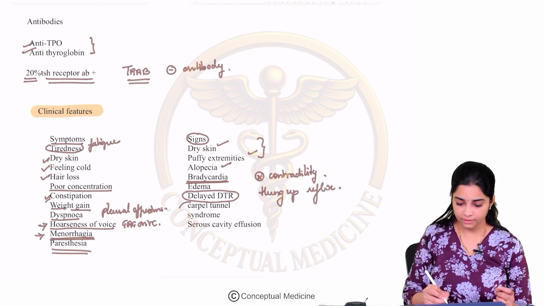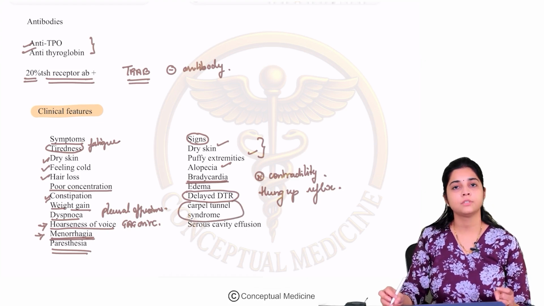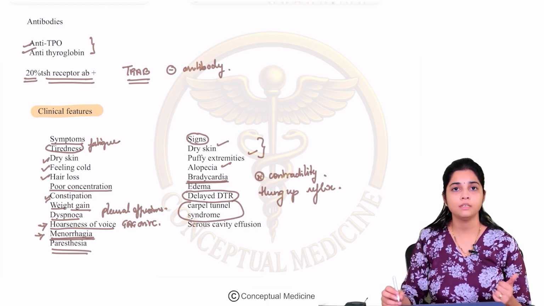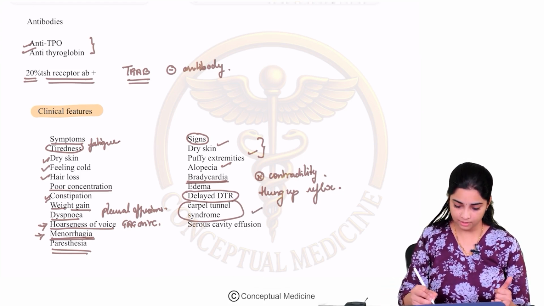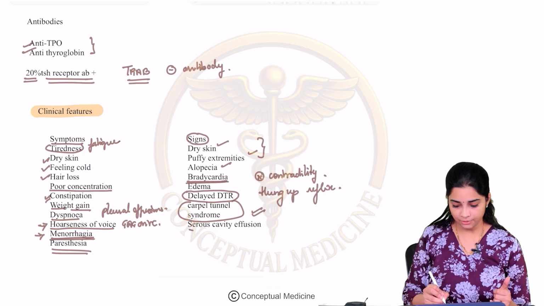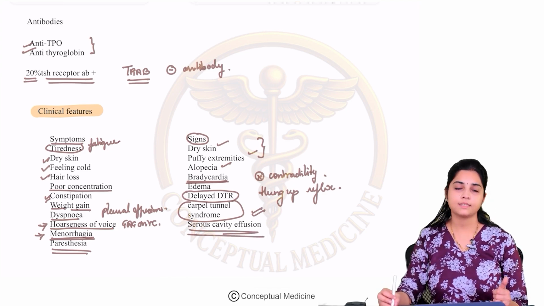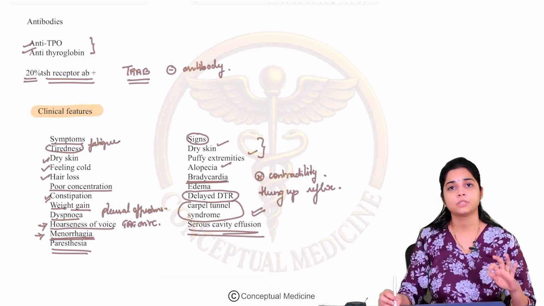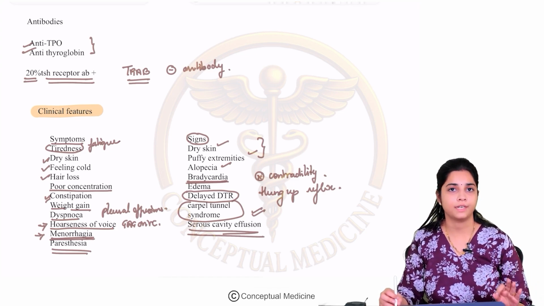Then, because of the accumulation of glycosaminoglycans, there can be accumulation beneath the carpal tunnel as well, causing median nerve compression and carpal tunnel syndrome. Then you can have evidence of various serous cavity effusions as well. Okay, so the classical patient of hypothyroidism, when he presents to you, how do you identify?